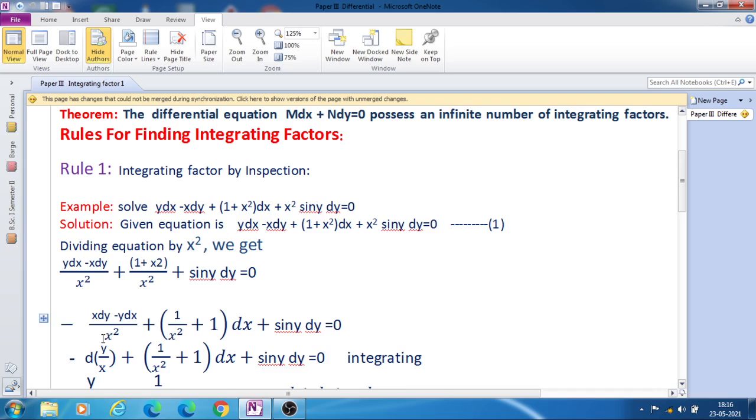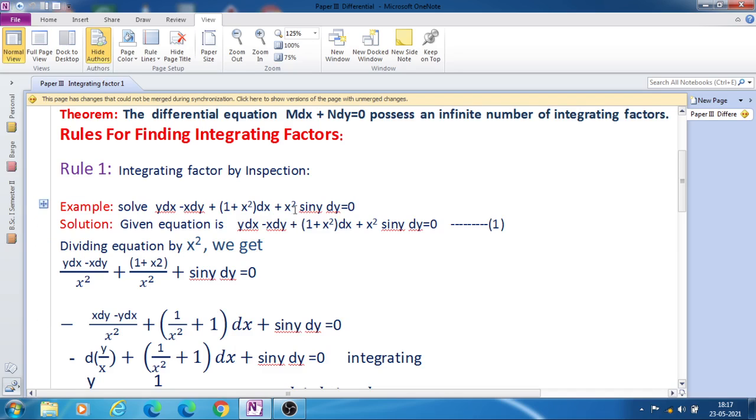So dividing by x square, we have written this by changing the sign, (x dy minus y dx) divided by x square. Here, 1 plus x square divided by x square gives (1 upon x square plus 1) dx plus sin y dy.